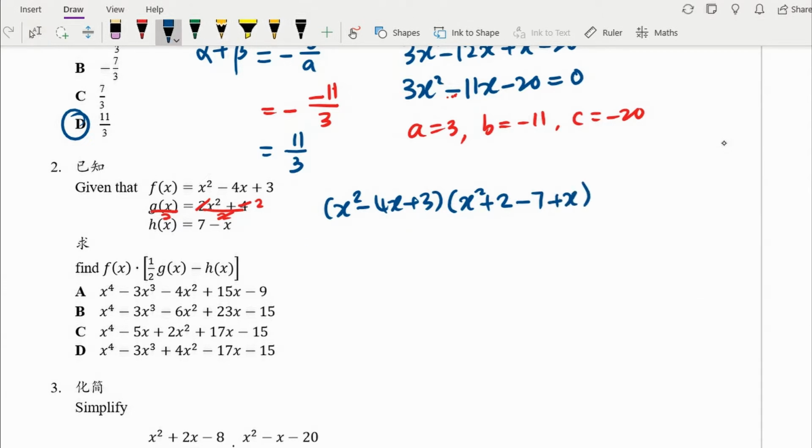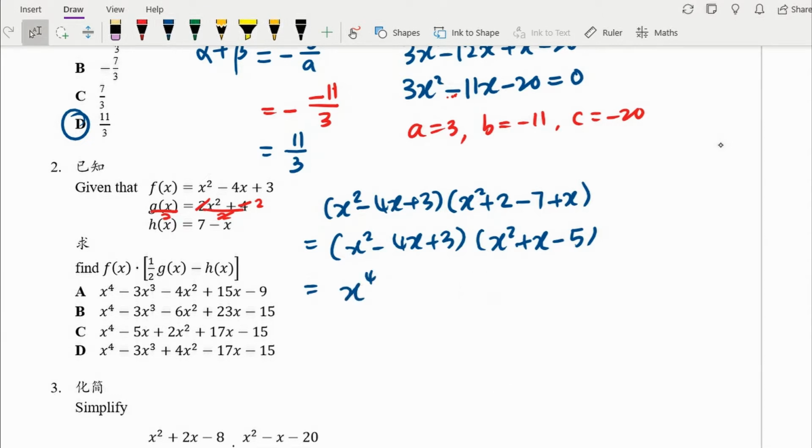Okay, then this one you can actually simplify. x squared minus 4x plus 3 times x squared. You try to arrange it in descending order of the power, yeah. Then this should be a negative 5. Okay, then x squared times x squared is x to the 4th power. x squared times x is x cubed. x squared times negative 5 is negative 5x squared.